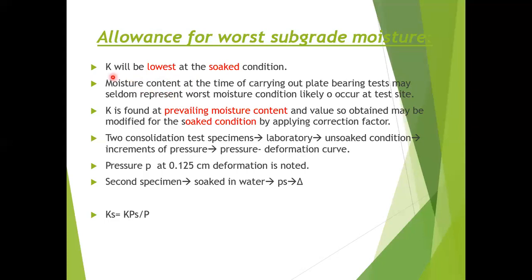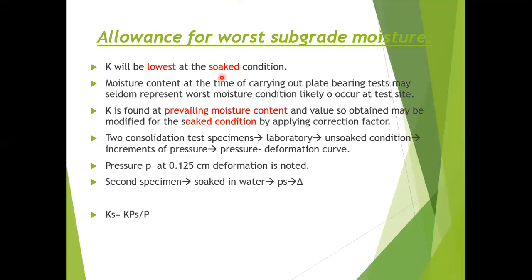Just like that, K, the modulus of subgrade reaction, will be lowest in the soaked condition. Inversely, K will be highest in the unsoaked condition. Here you are testing the soil for two conditions: one is soaked condition, another is unsoaked condition.